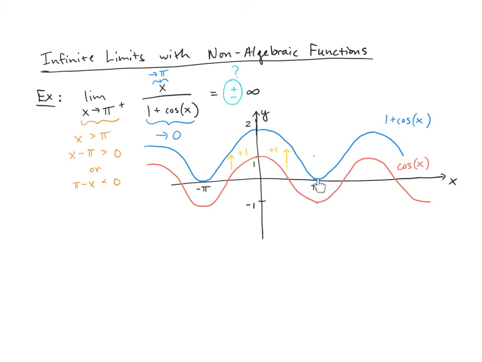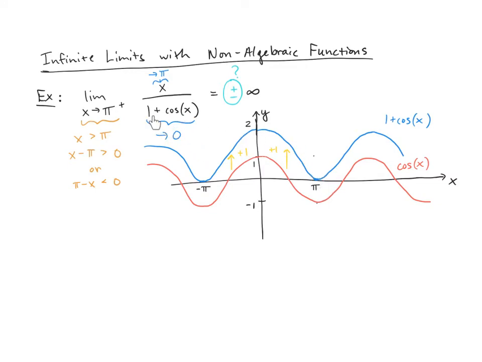And so you can see directly from the graph that as x approaches pi, we're approaching 0, right? And no matter what the x value is, our output value of 1 plus cosine is positive, or at least non-negative. Right? We only hit 0 at these certain multiples of pi here.